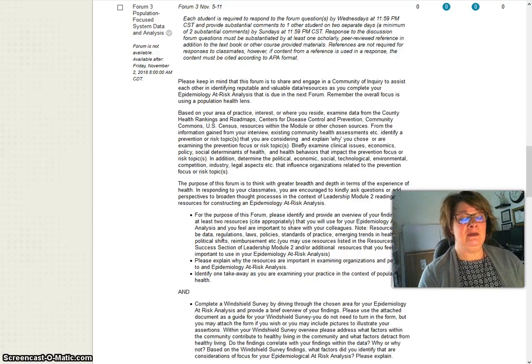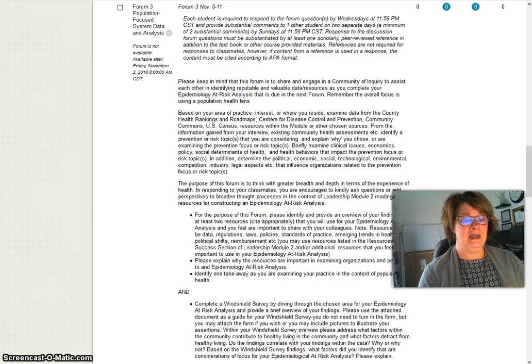And there may be some internal data within your organization that is very pertinent as well, as far as a certain population that is served, or a certain population that may be underserved as well. So all of those are factors to consider as you're looking at doing that epidemiology at-risk assessment.